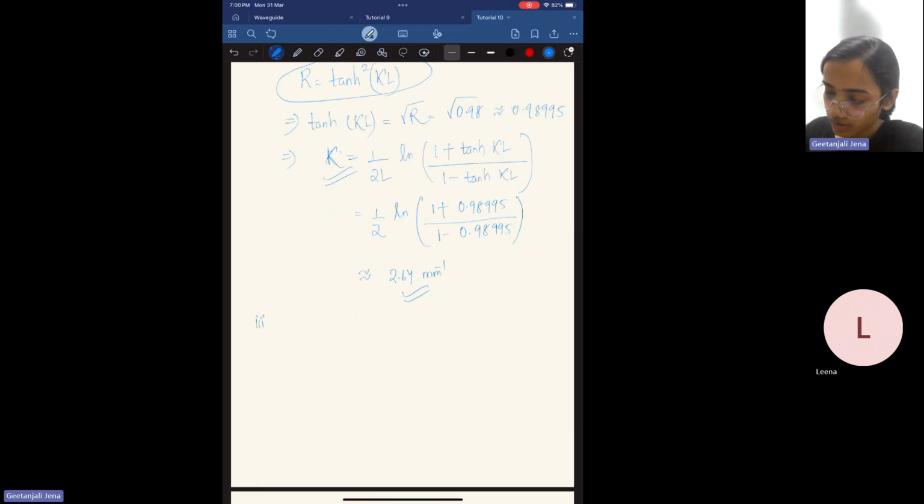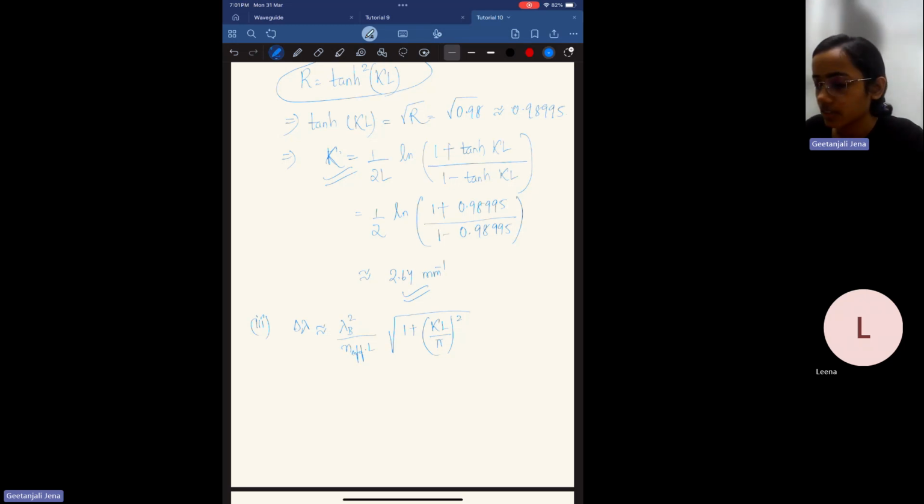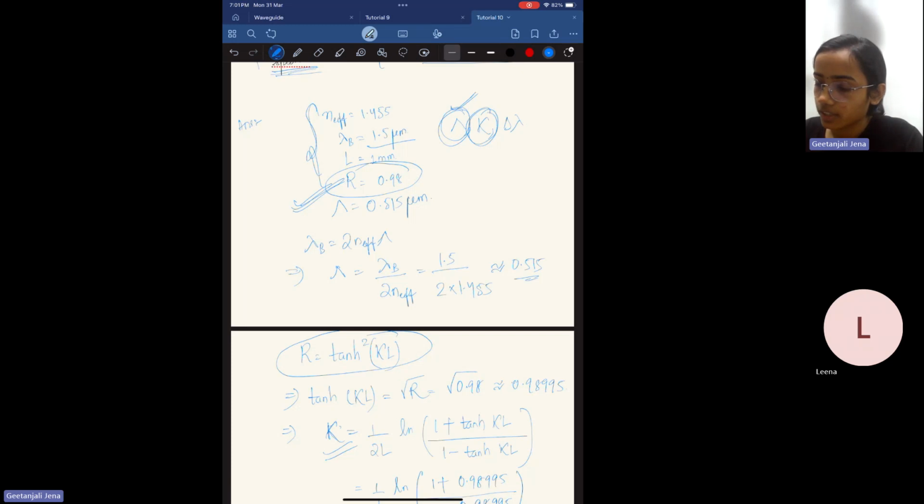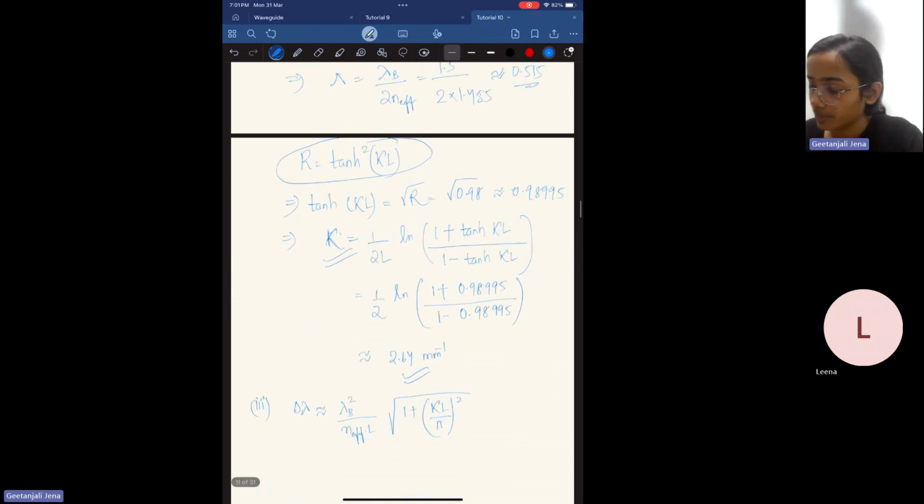So for the third part, the bandwidth is given by lambda B square upon pi n effective L, square root of 1 plus (kappa L by pi) square. Lambda B is given, it is I think 1500 nanometer. N effective is given, 1.455. L is also given, 1 mm.